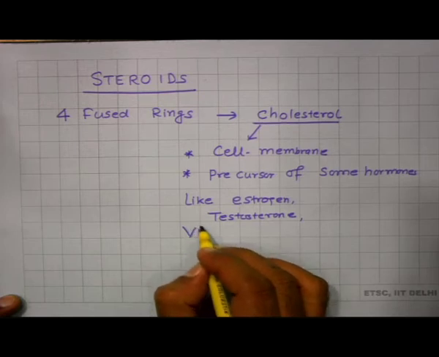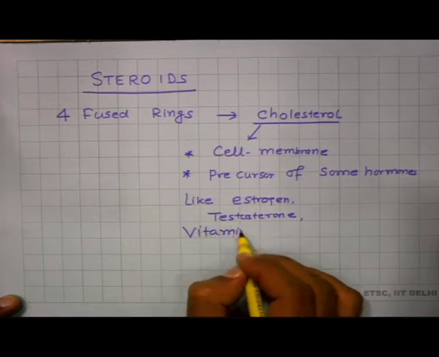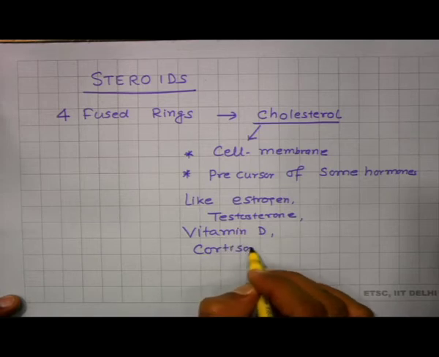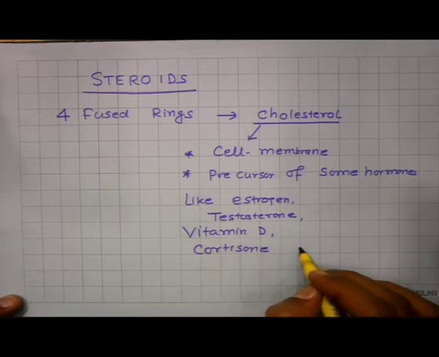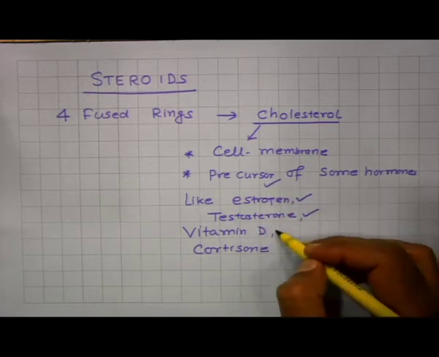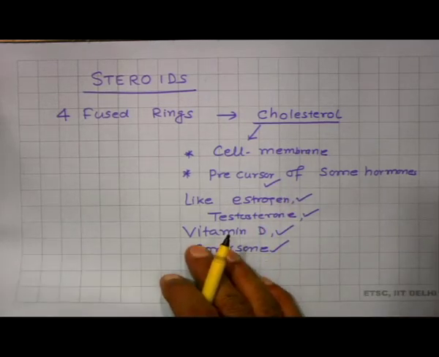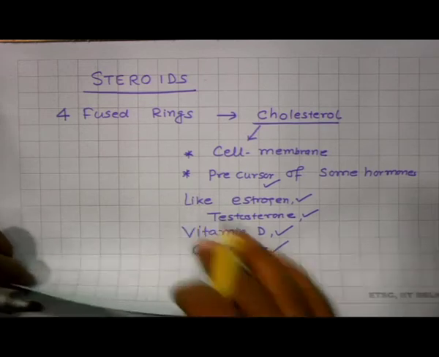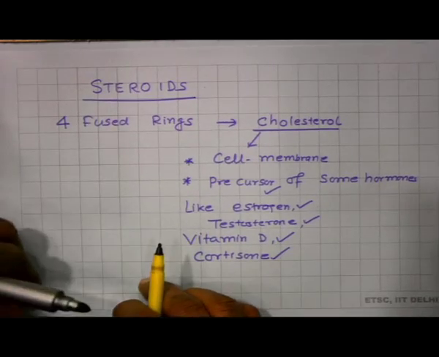Besides this, vitamin D, cortisone and many others. These are the precursors of these various types of important hormones, vitamin D and the cortisones. Now, see the structure of steroids.